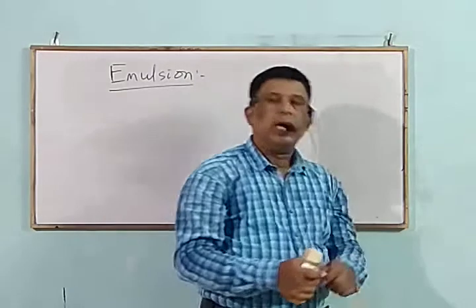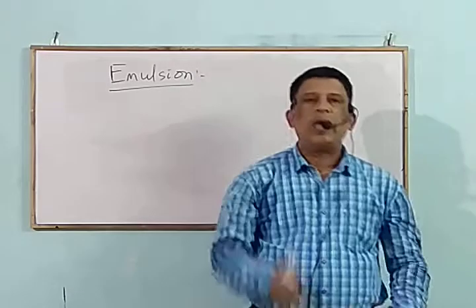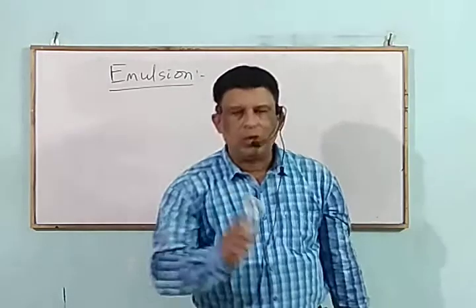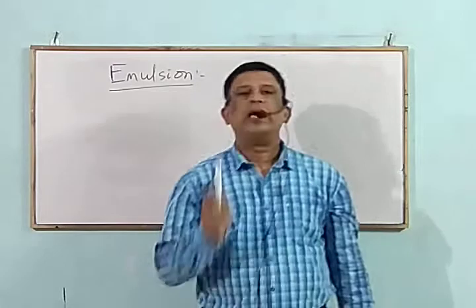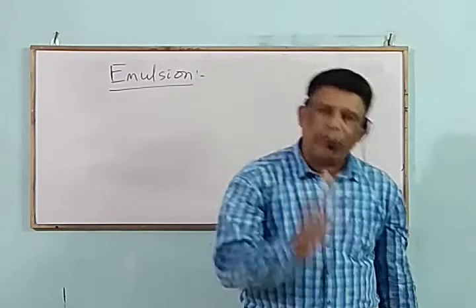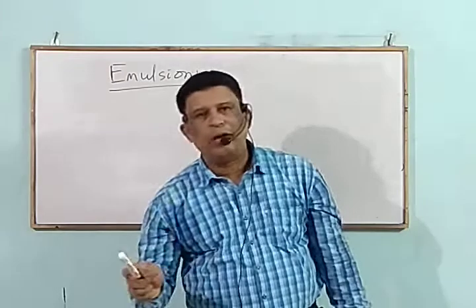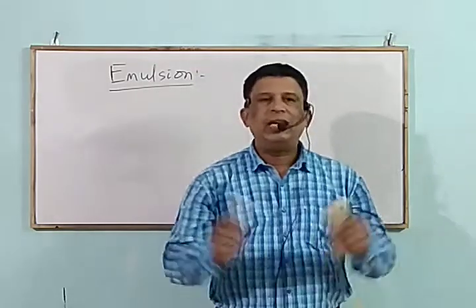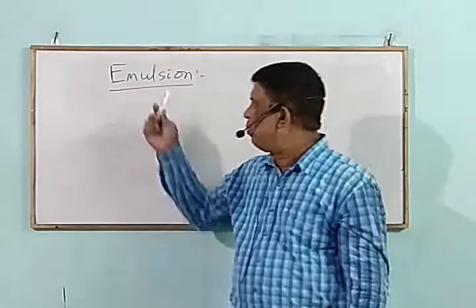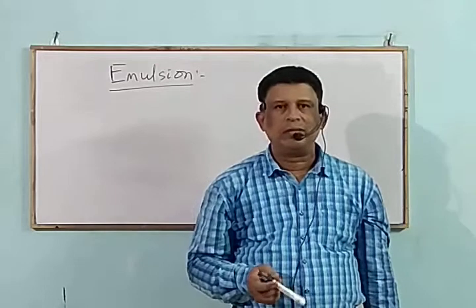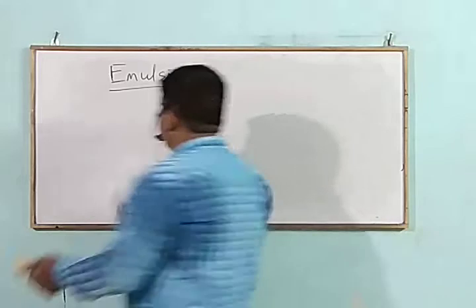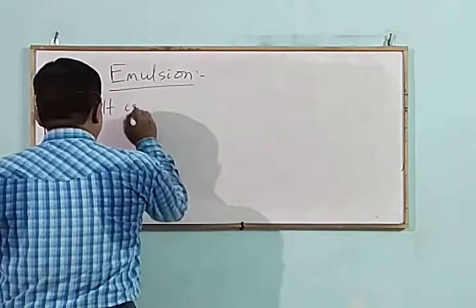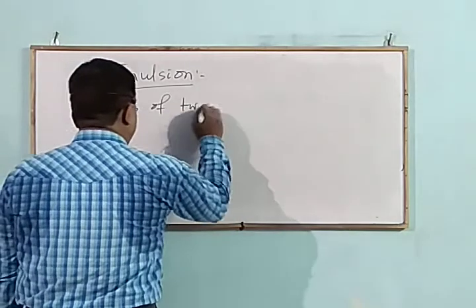Emulsion is nothing but a heterogeneous colloidal system in which the dispersed phase and dispersion medium are both liquid. Generally, any two immiscible liquids form an emulsion. It is of two types.